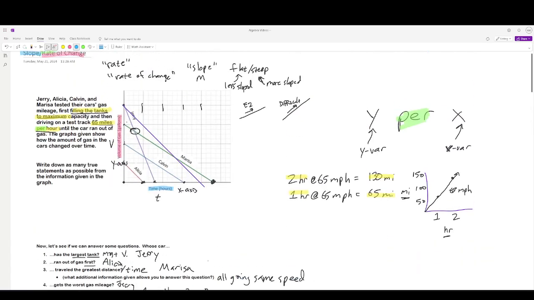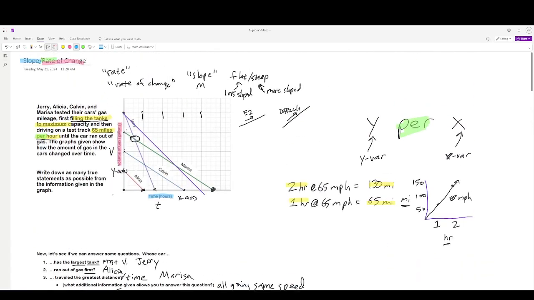So looking at a graph, when we're counting on a graph, let's say this point right here on Jerry's graph, I would look at my rise and my run. I started up here where he started, and my rise went down by that much. My run went from here to here.